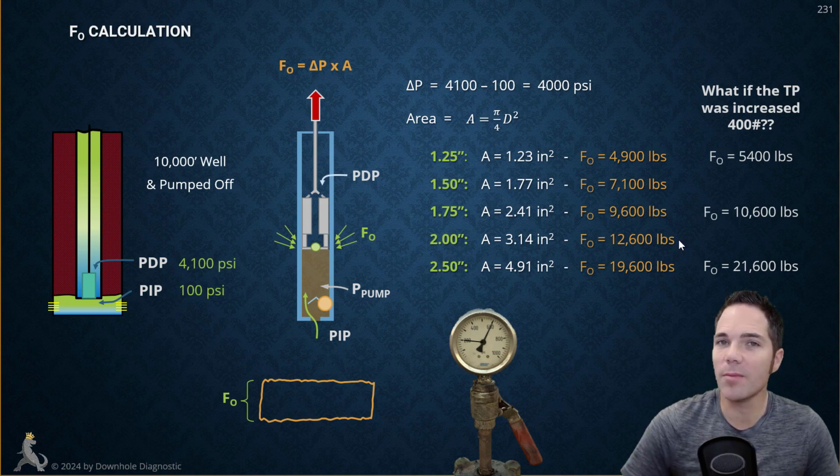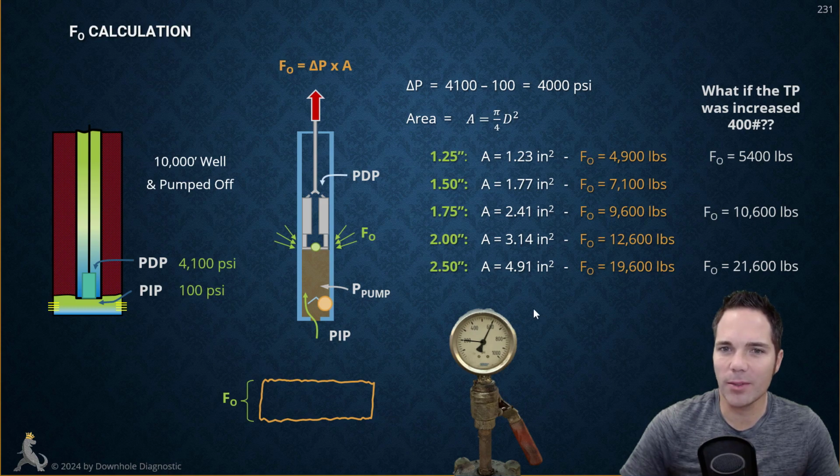And I've never heard anybody take this into consideration when they're messing around with the pressure at surface on their tubing. It's like, hey, I'm going to increase the tubing pressure. Nobody ever says, whoa, whoa, whoa, what diameter plunger does it have? Nobody talks about that, but it is actually something to take into consideration. When you have a larger cross-sectional area, it's going to create more fluid load and increasingly more rod stretch.